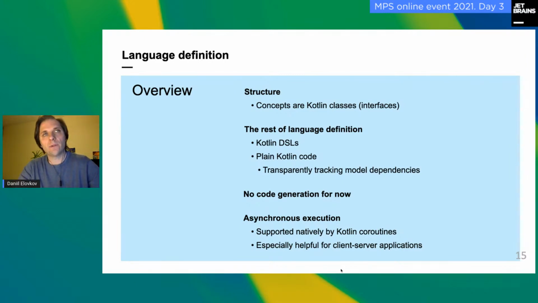That's very helpful when we embed our language or the editor into a client-server application, or when, for instance, resolving a reference requires contacting the server, because contacting a server is always asynchronous, at least for JavaScript code running in the web.